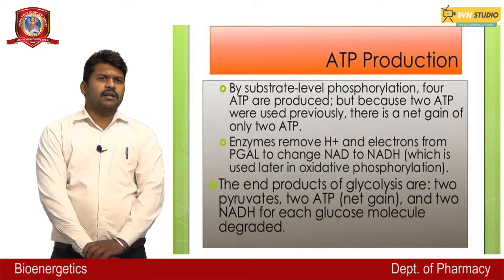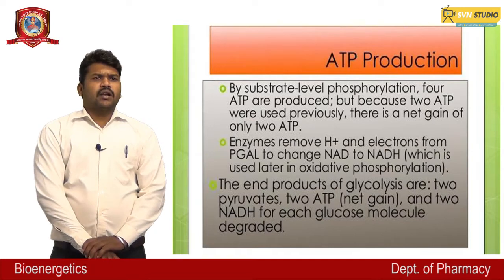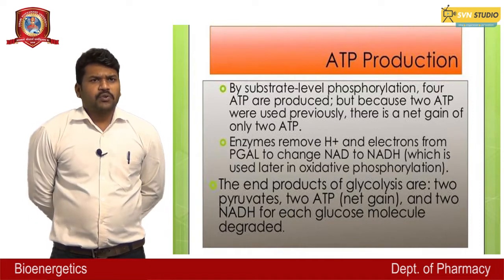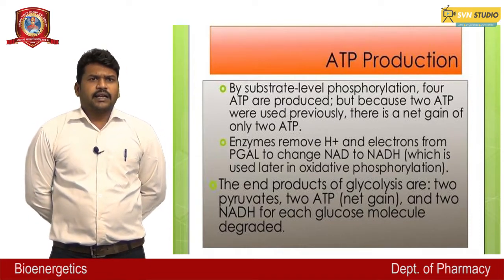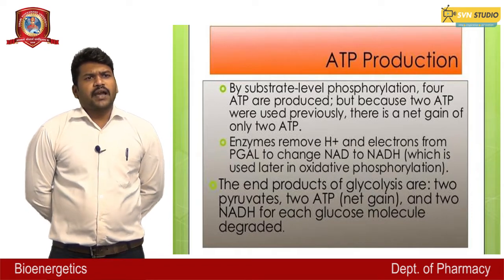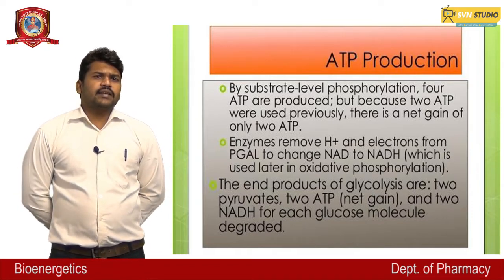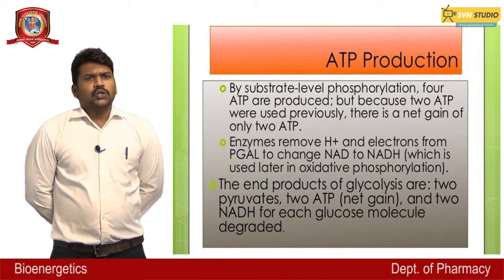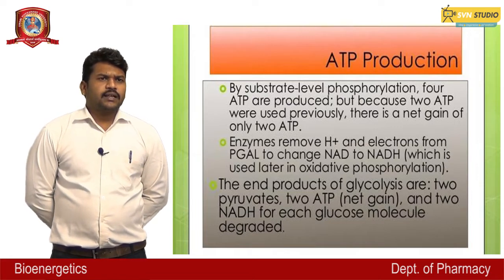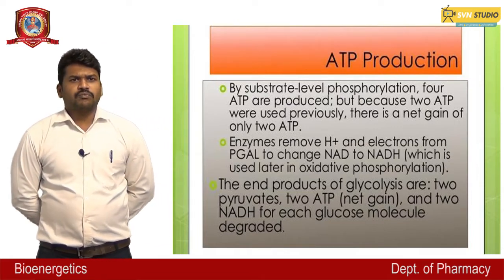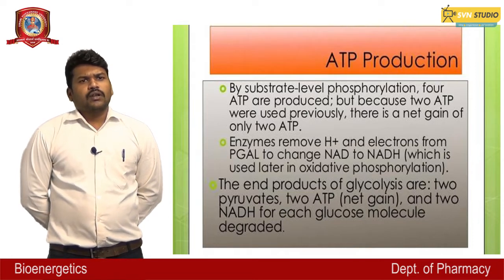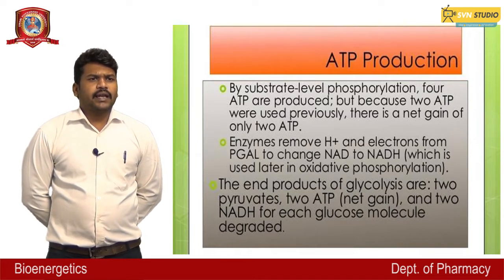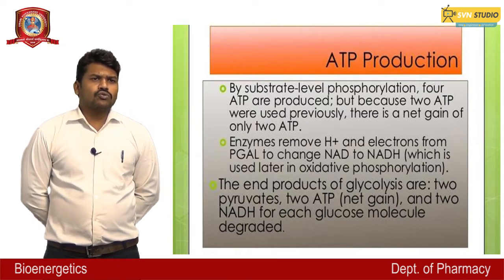By substrate-level phosphorylation, 4 ATP are produced, but because 2 ATP were used previously, there is a net gain of only 2 ATP. Enzymes remove H plus and electrons from PGAL to change NAD to NADH, which is used later in oxidative phosphorylation. The end products of glycolysis are 2 pyruvate, 2 ATP net gain, and 2 NADH for each glucose molecule degraded.